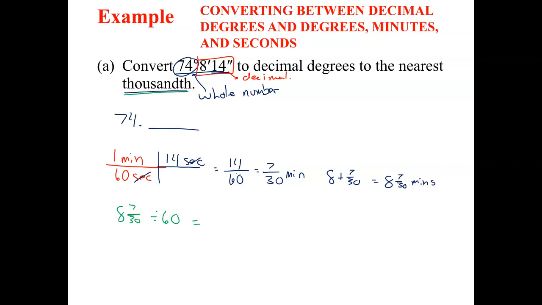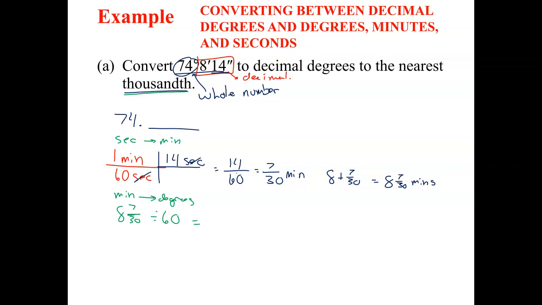This one was turning seconds into minutes, and now this is turning minutes into degrees. So how do you change to decimal? Hit math and go down to decimal, because you're going to have to round to the thousandth.